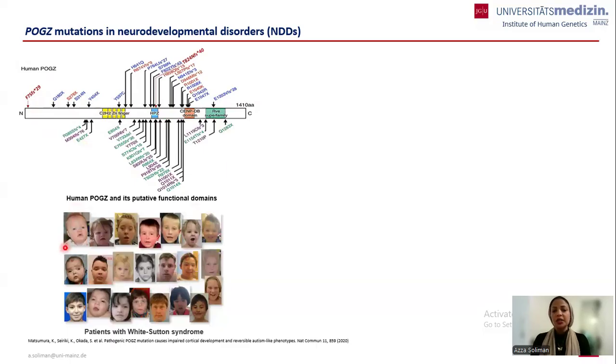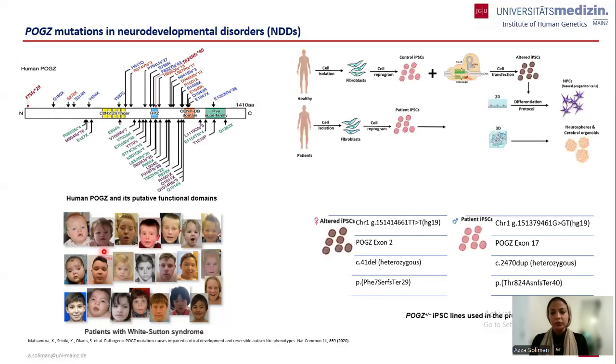And down here you can see patients with White-Sutton syndrome. As you might know, there's no specific clinical phenotype of White-Sutton syndrome, but we can say that they still have some specific features, like facial features, and also an effect on brain development and sometimes even movement development.